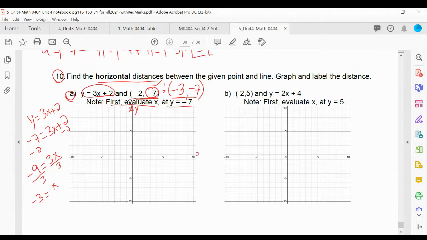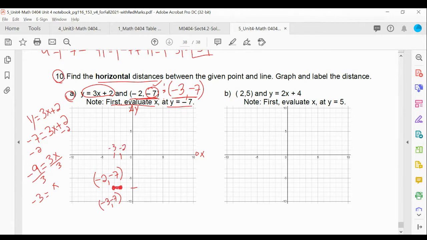Let's graph those two points on the Cartesian plane. We go to -2 and -7. Graph that first point, (-2, -7). And the other point is (-3, -7). Ooh, that's really close. So we have -3 and -2.